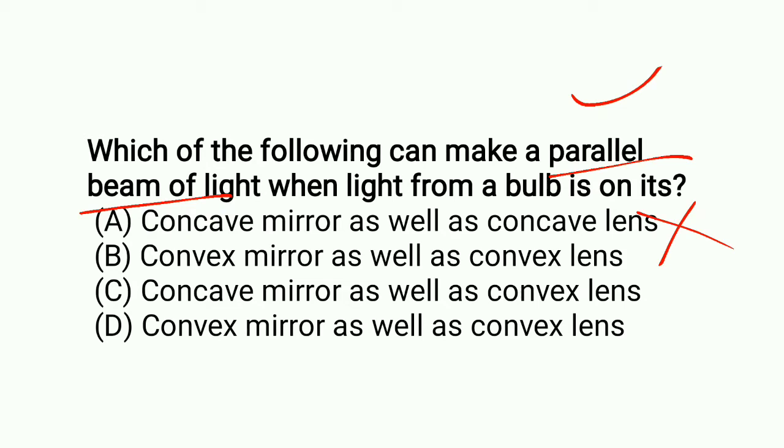Convex mirror, no, convex mirror will not produce the parallel beam. Option C we have concave mirror as well as convex lens. Yes, these concave mirror and the convex lens, these two will produce the parallel beam of light.